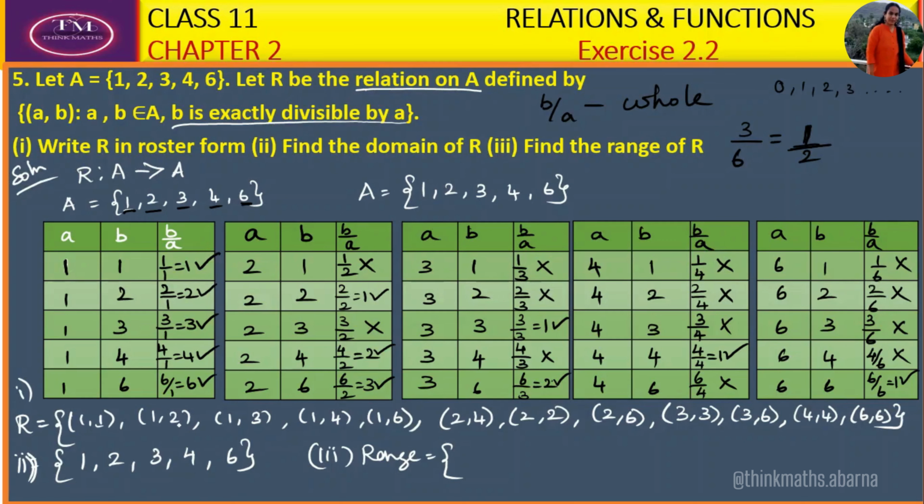So this is the domain. The third question is range. Range is nothing but the second element, so the second elements are 1, 2, 3, 4, 6. The others are all the same, already written, so we have to write them only once. So this is the range for this problem. Okay, children, understood? Shall we move on to the sixth question?